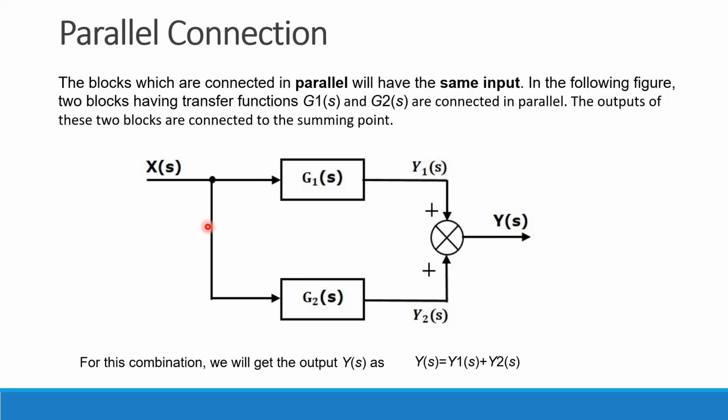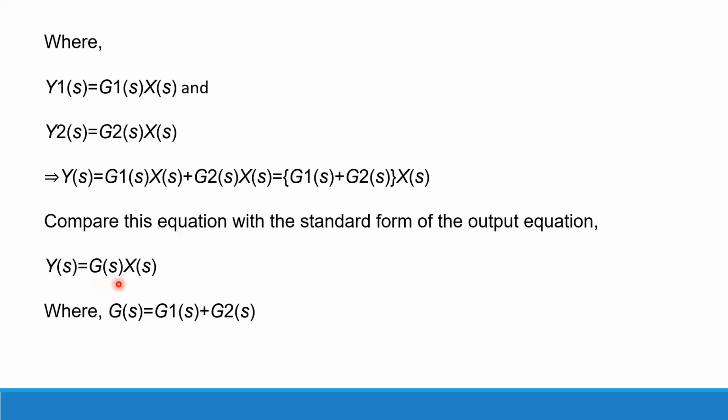What is our standard output? Y of S is equal to G of S into X of S, where G of S is nothing but the combination of these two.